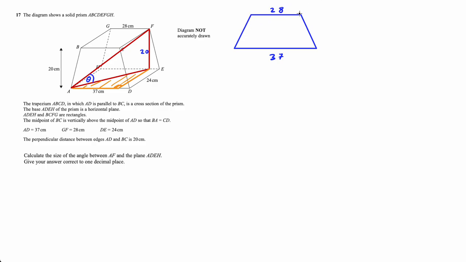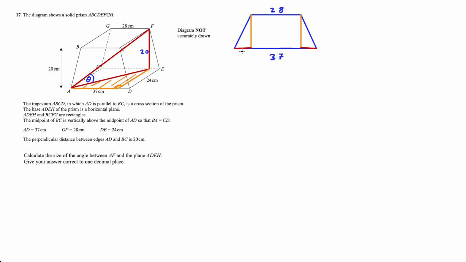So if I was to draw a line, well, let's use orange. If I was to draw a line down here and down here, this distance is the same. Now, because this is 28 and this is 37, this is 9. Oh, sorry, this plus this. Well, that's not straight, guys, but you get my point.